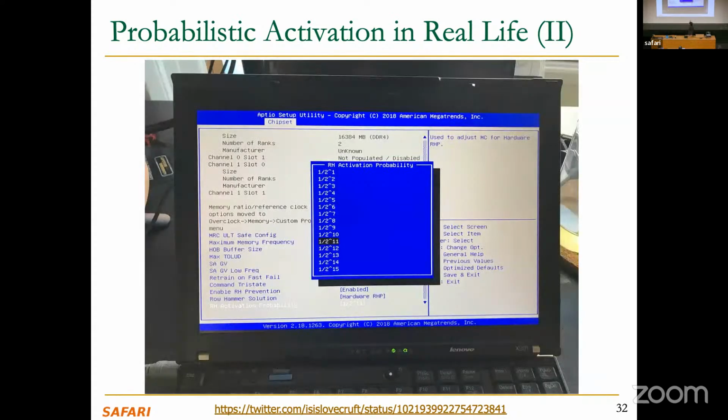And of course, you can tune the probability of the victim row refresh. Okay, so that's the story of the infant age of the RowHammer phenomenon.